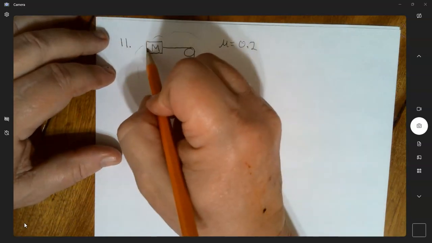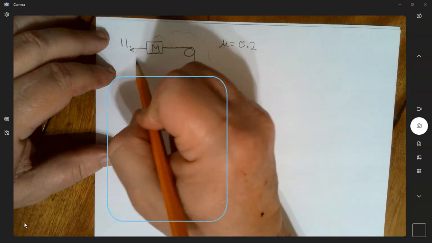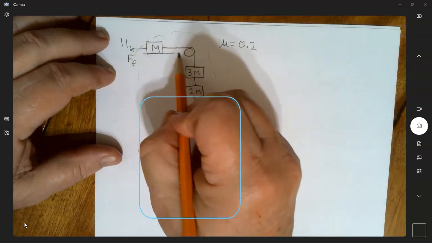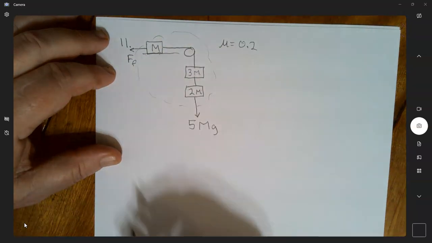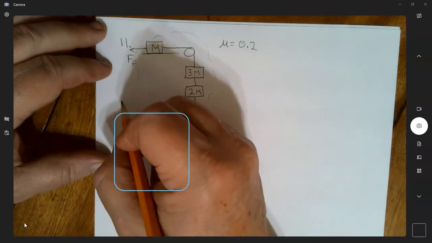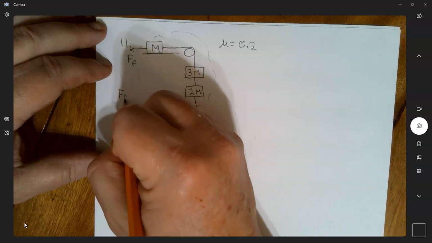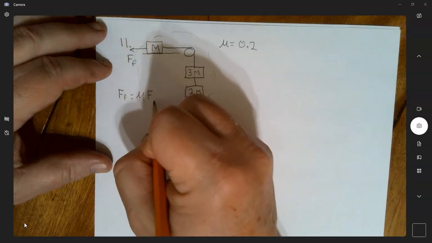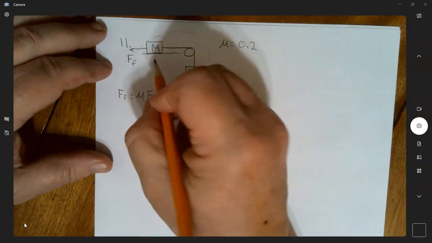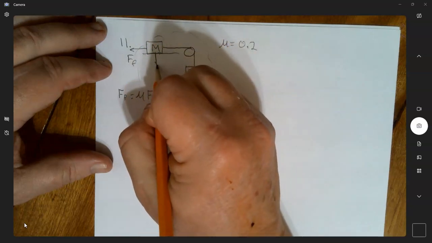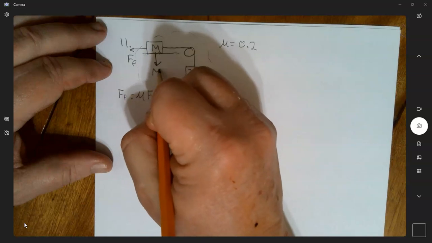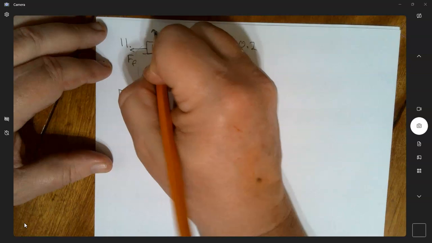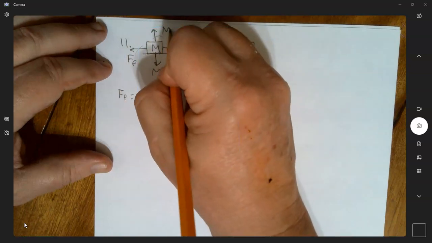All right, now we have to get the friction force coming out the back side. This is the only one contributing a friction force. So we'll come down here and say friction force equals mu times normal force. The weight of this one is mg, which means the normal force, since it's on a flat surface, has to be equal and opposite, also mg.